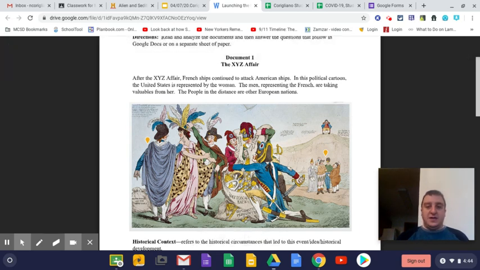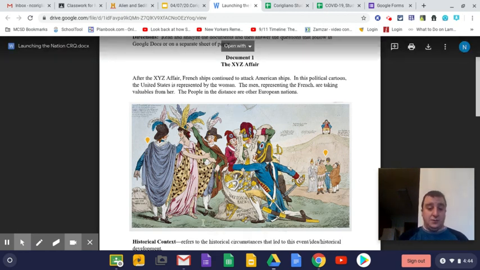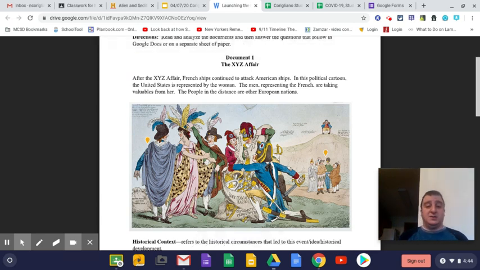The men representing the French are taking valuables from her. The people in the distance are other European nations. So they're basically watching the French as they steal the riches from U.S. merchant ships. That is basically the point of this cartoon, the message that this cartoon is trying to get across.